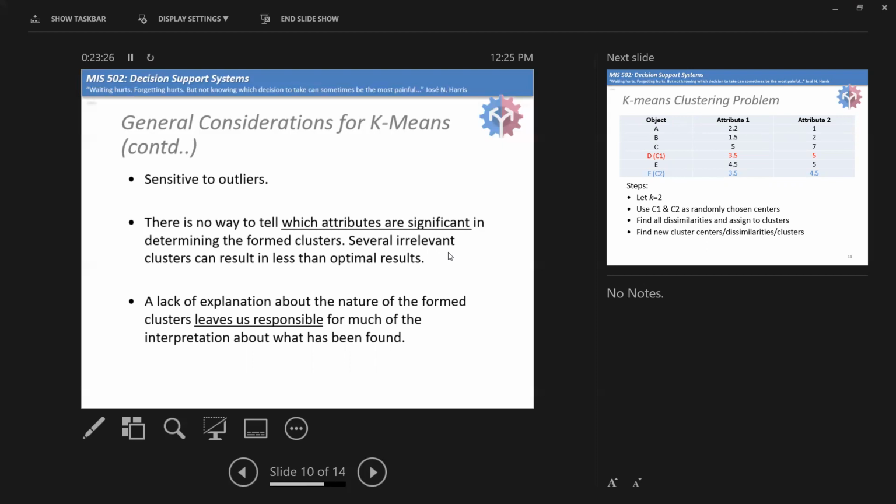I need to find 2 clusters from this shape. Where do you think my center would be? This center is getting affected by how many points? One real big bad outlier can affect even the center of your cluster.